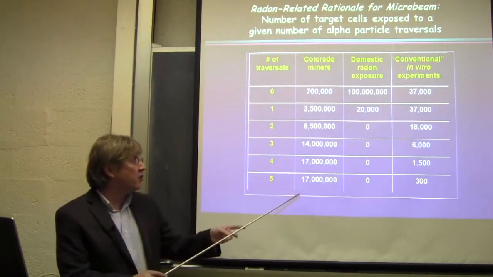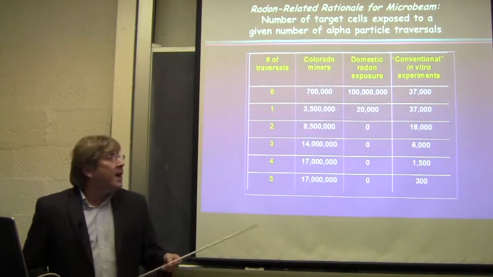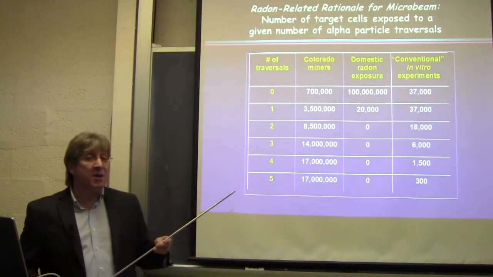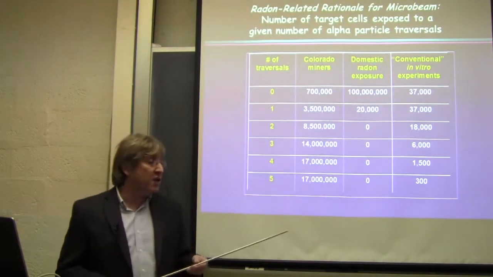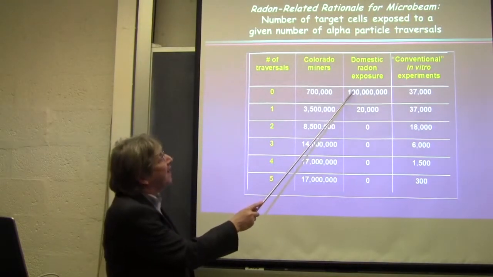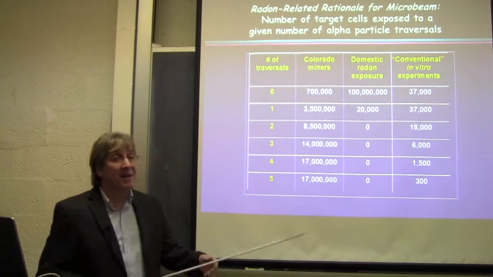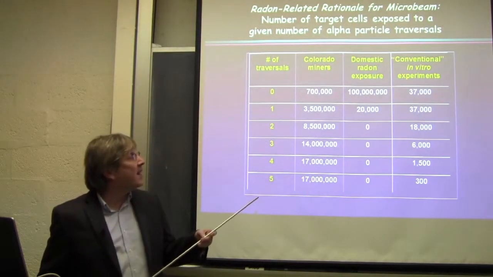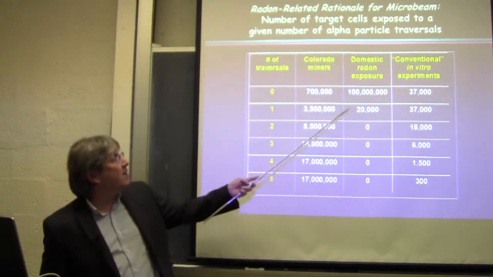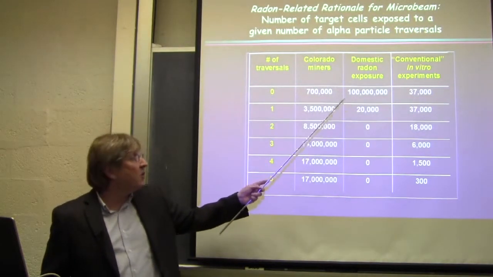Now let's compare that with what we're actually interested in, which is domestic radon exposure, where the average doses, of course, are a lot less. And here, among the 100 million basal cells in our lung, almost all of them, over, shall we say, a year, will get no traversals at all.